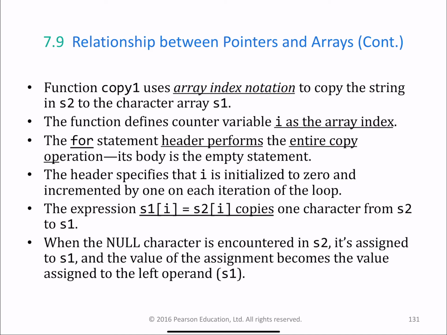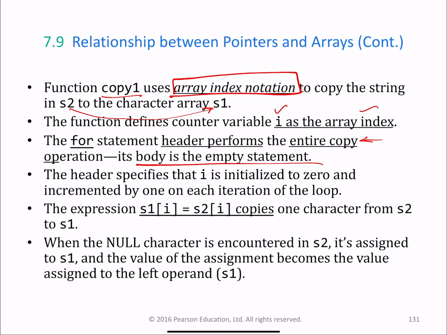So like I mentioned, copy1 uses the array index notation to copy string S2 into array S1. The function defines counter variable I as array index. The for statement does all the copying. The body of it is empty, like you saw.